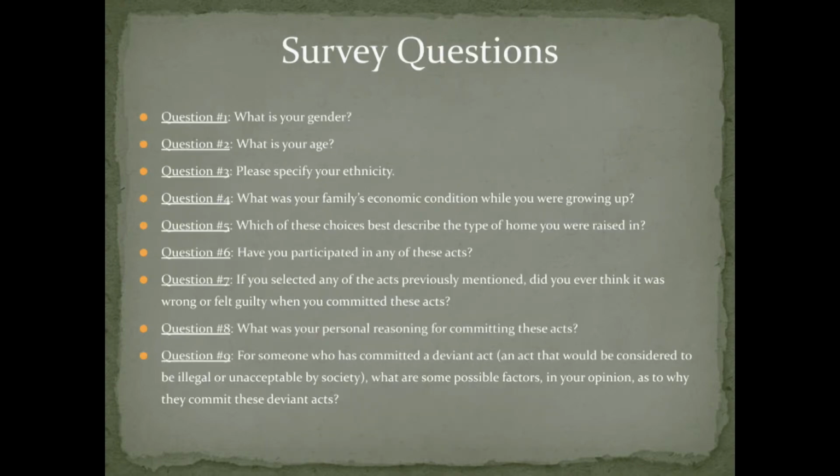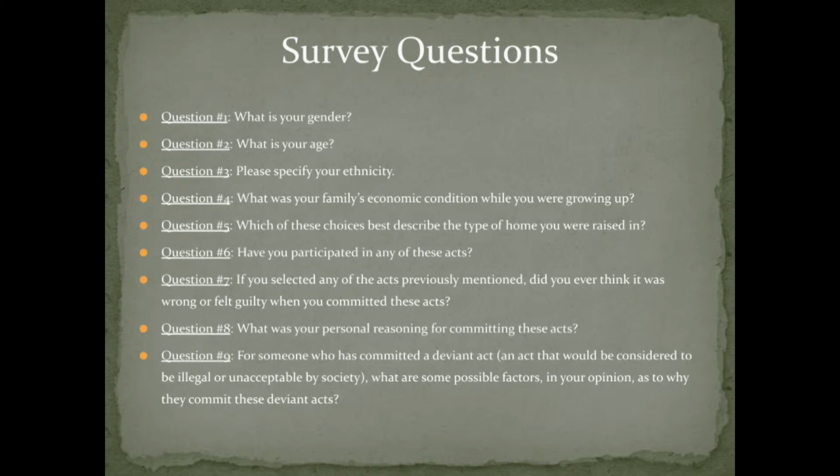So here's a breakdown of the questions I included in my survey. For question number 1, I asked, what is your gender? The answer choices were male, female, other, or prefer not to answer. For question 2, what is your age? The answer choices were under 12, between the ages of 12 to 17, 18 to 24, 25 to 34, 35 to 44, or 45 or older. For question 3, it was please specify your ethnicity.